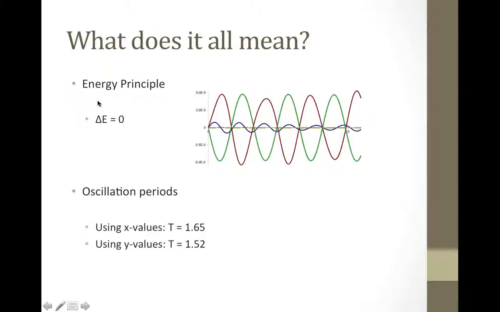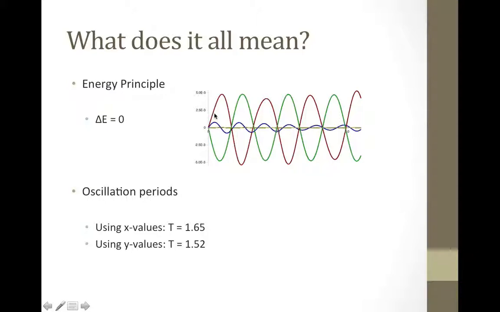So what does it all mean? The energy principle: since our system for energy was the earth, the mass, and the spring, the only energies were kinetic energy, potential gravitational energy, and potential spring energy. That means that the overall change in energy will equal 0. And this was apparent in the graph that was plotted by the model.